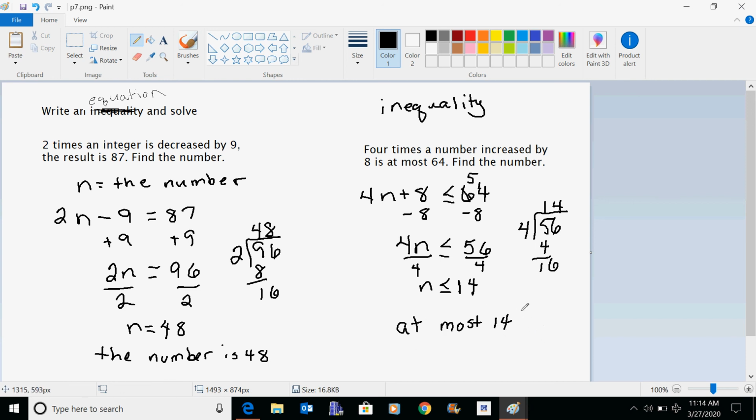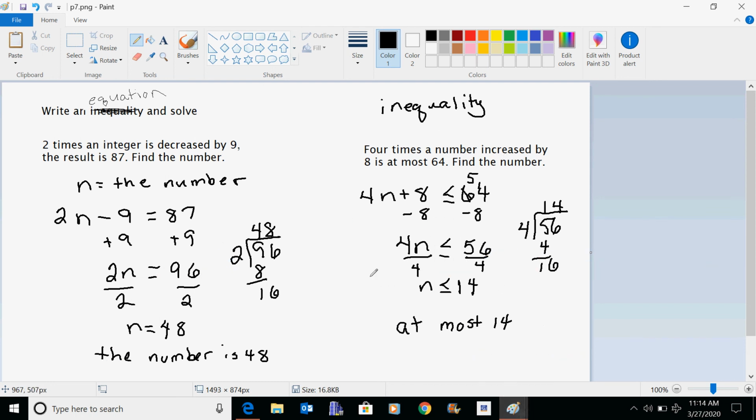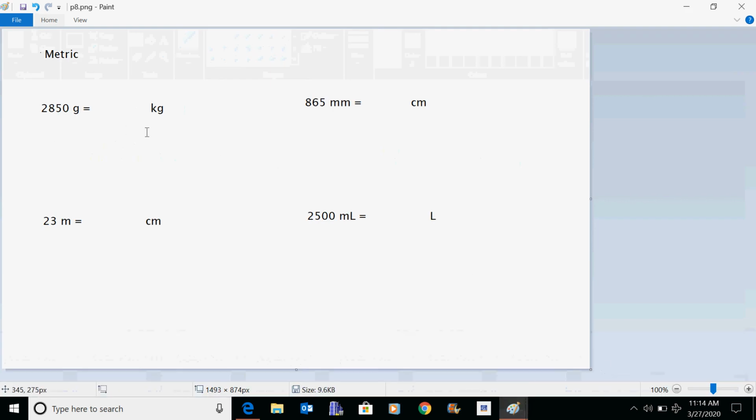Okay, so use wording that goes very much like the original. And if it's an equation, you would find the number and you can put it in either words or just putting in the number.